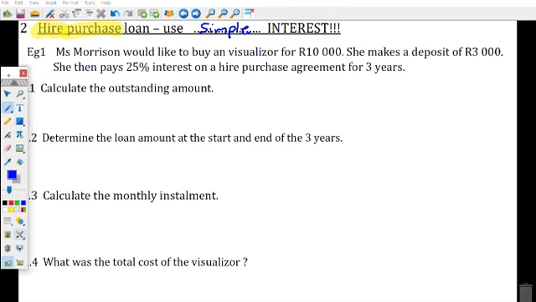So I want to have a look at this here. Hire purchase, a very good example. Who has a cell phone? Everyone has one. Who has it on contract? You pay so much a month and you get some data and minutes. Or your parents have a cell phone contract.